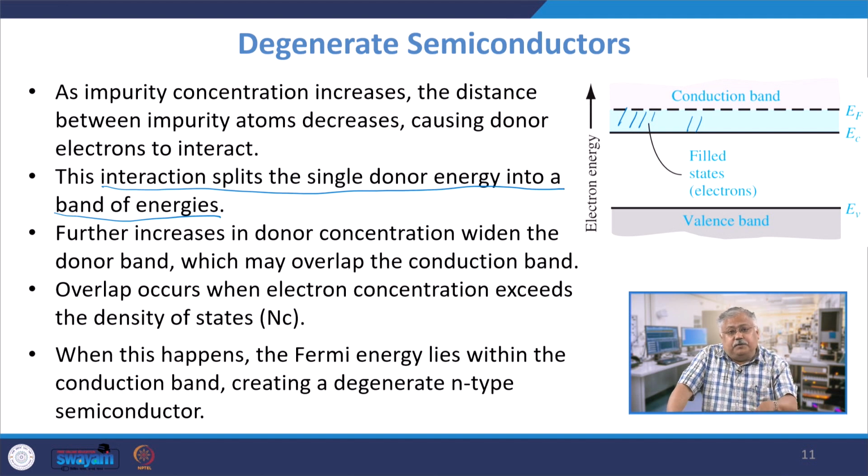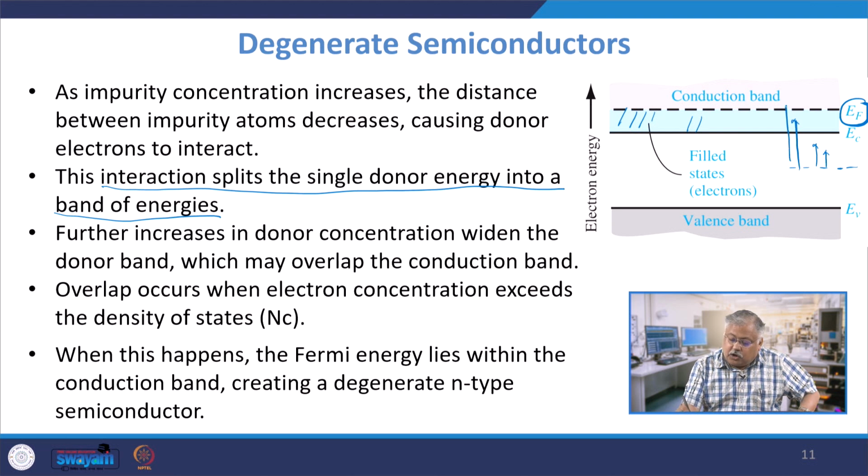So, it almost behaves like a metal, right. When I create a degenerate n-type semiconductor, the Fermi level lies within the conduction band. Initially the intrinsic Fermi level was here, I go on adding more and more donor species, and it starts to move to the top. It further moves up, goes inside the conduction band, and sits somewhere in the conduction band.